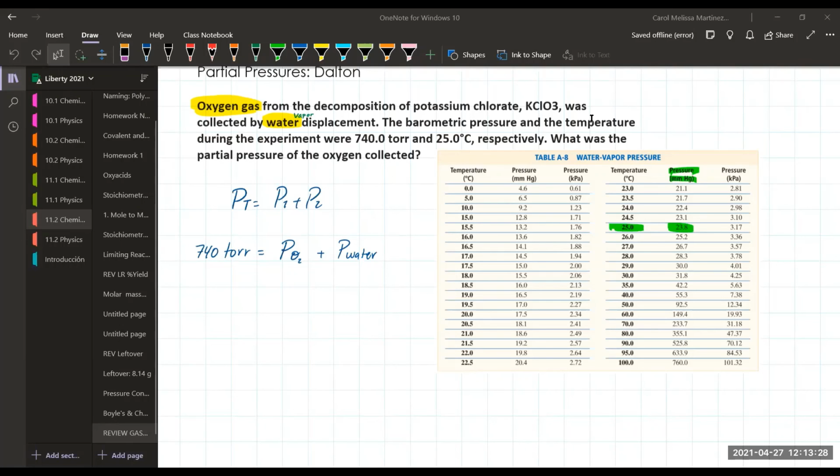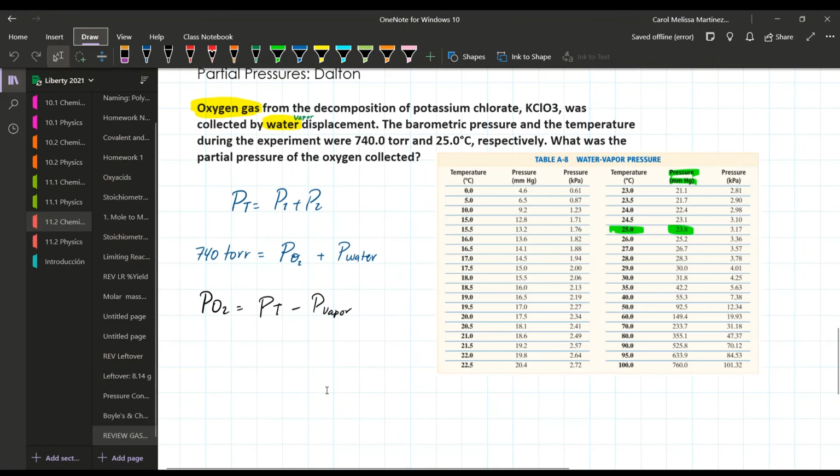Now I isolate for the pressure of the oxygen gas: it's going to be the total pressure minus the pressure of water vapor at 25 degrees Celsius.